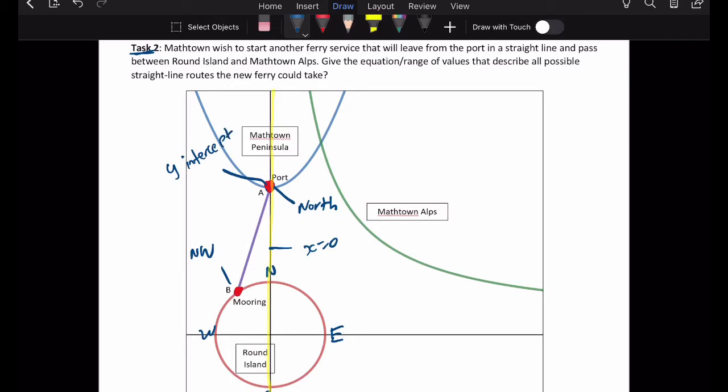And also, when x equals 0, it will be north of the round island. North of the round island. And if it was 16.6666, it will go in a diagonal line to wherever that point is, which will be further right.